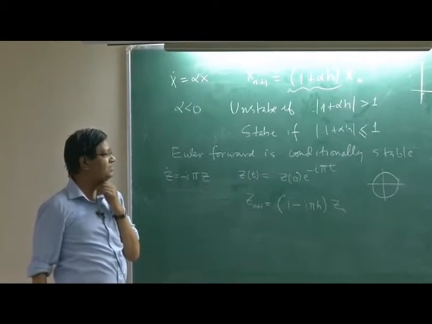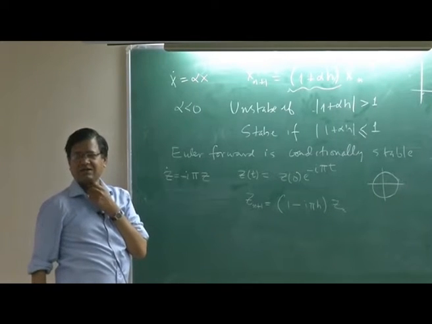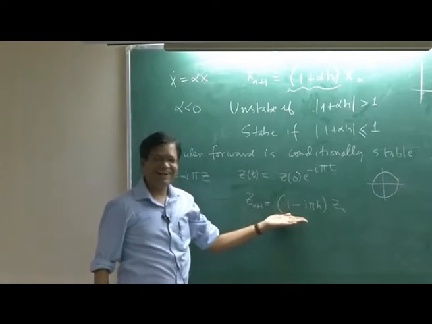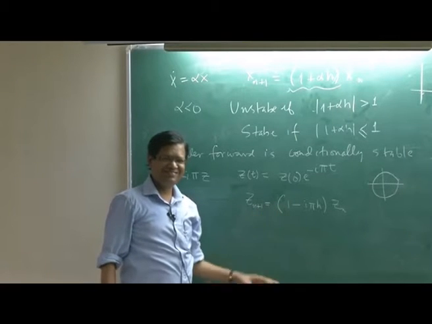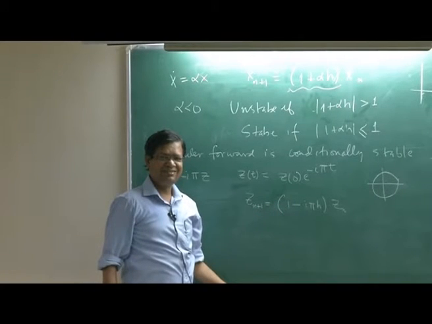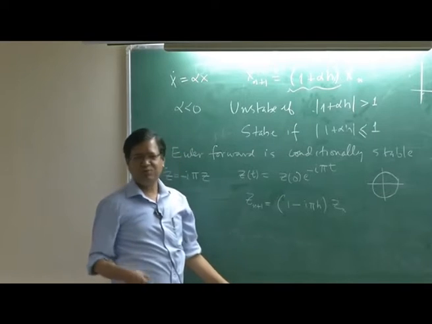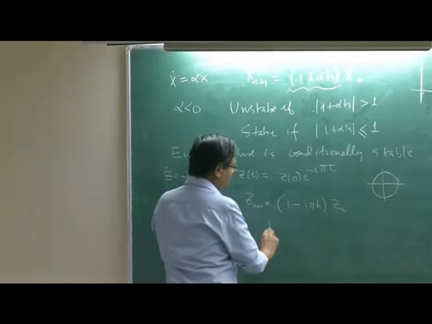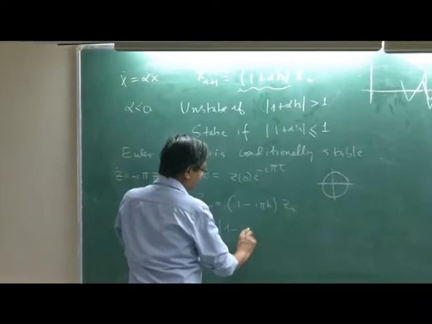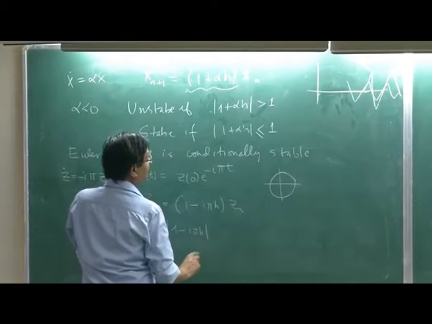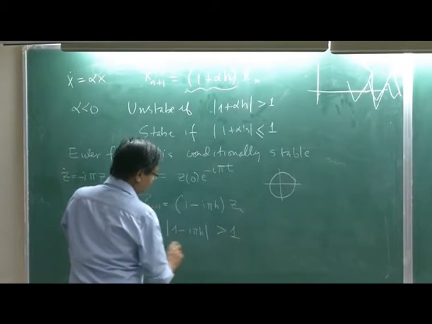So now what is the condition for stability? Now this is a complex number, no? So I can't simply say plus minus. So you have to put the complex modulus. So I have to put the modulus of 1 minus I pi h. So if greater than 1, it is unstable.